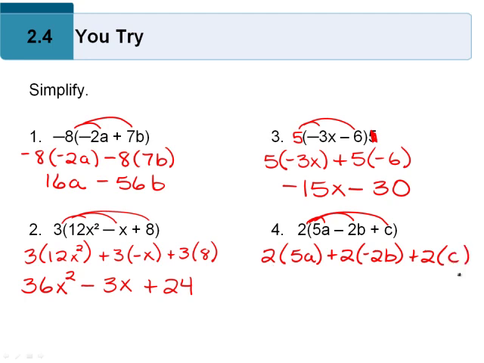So now we multiply. 2 times 5 is 10a, and 2 times negative 2 is going to be negative 4b, and then the last term, 2 times c, is going to be a positive 2c. So we have a, b, and c. None of those are the same, so that expression is your answer.